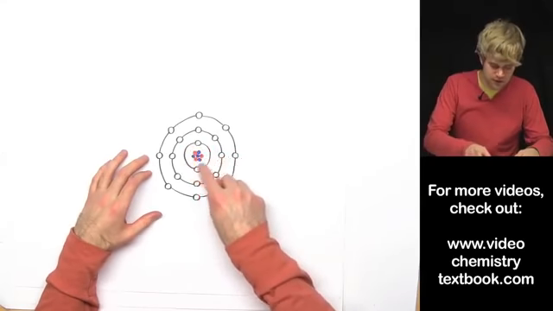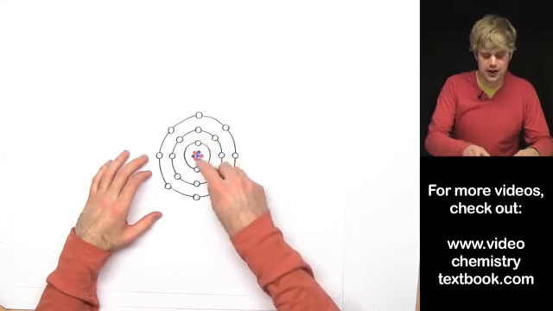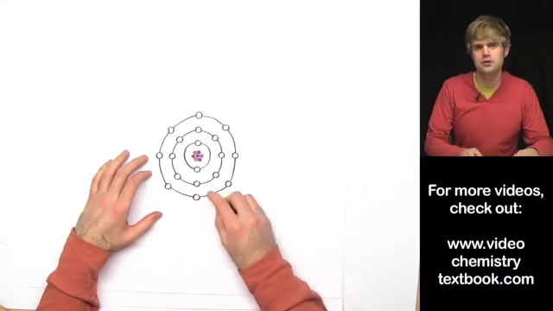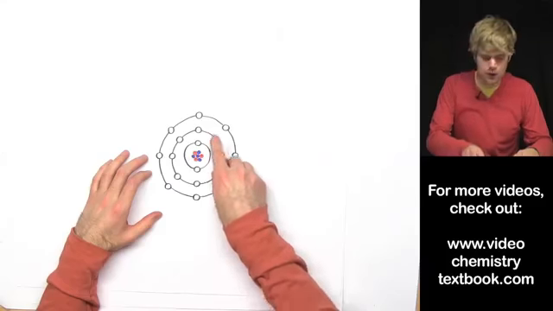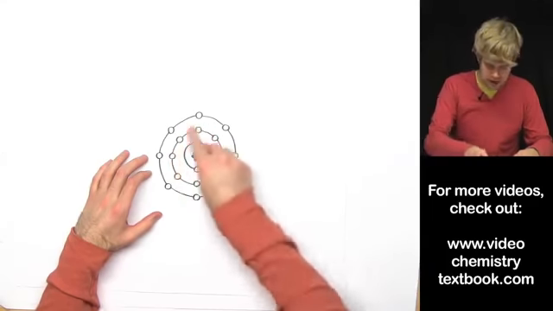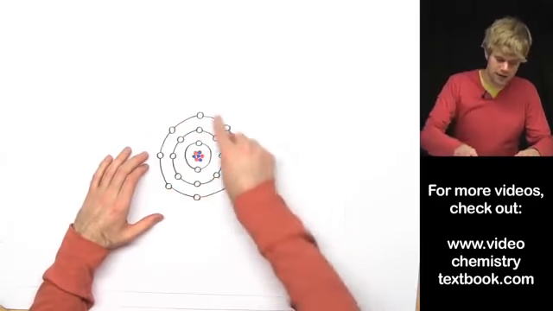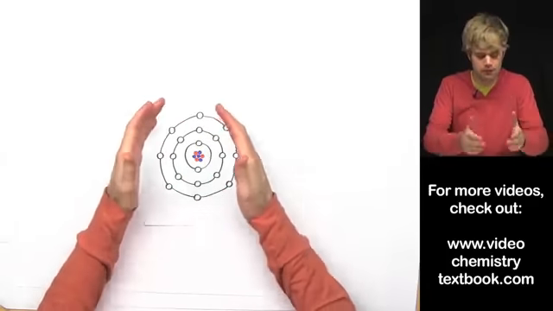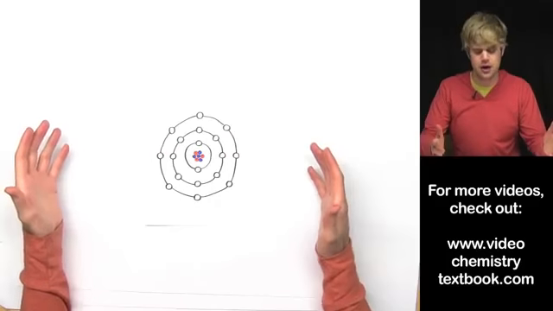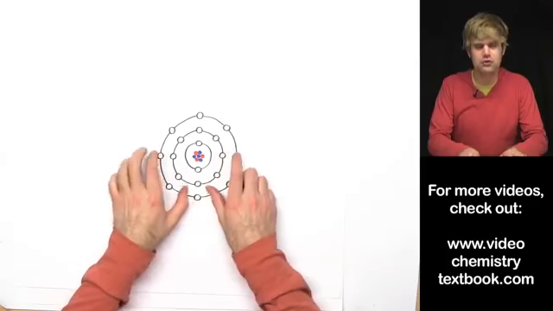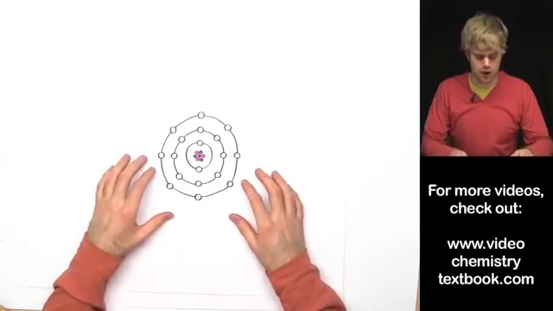Okay, so for this first group, this first energy level or shell can hold 2 electrons, really close to the nucleus. Moving out a little bit, we get to another shell that can hold 8 electrons, and they're spinning out here. And then even further out, we have another group that can hold 8 electrons. Now it keeps going from here, and there are more and more energy levels or shells. But it gets a little bit tricky, so I just wanted to focus on these first 3 to give you an idea of how they work.